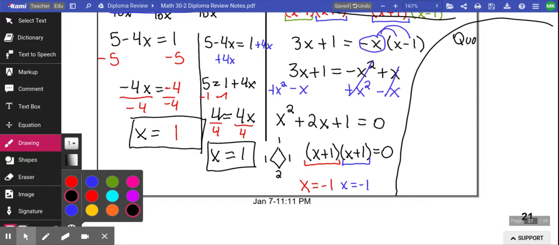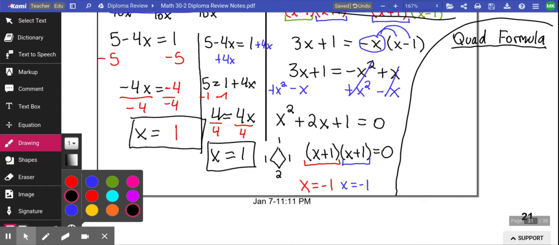So use the quad formula. This is why you don't have to know how to factor quadratics. This is the only time they would ever ask you to factor it. But there's a good chance that you could just use the quad formula for every single question.